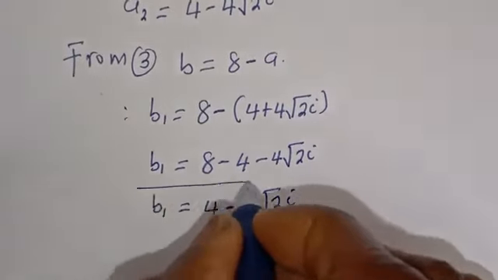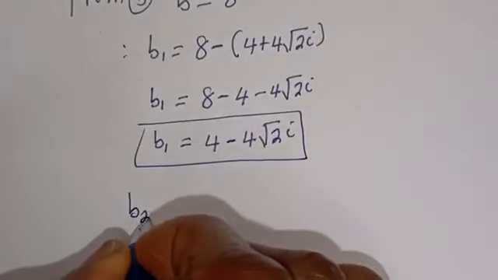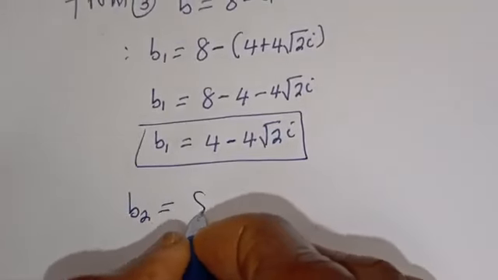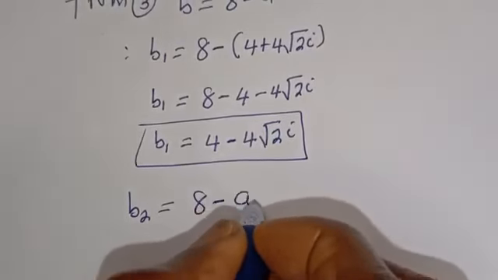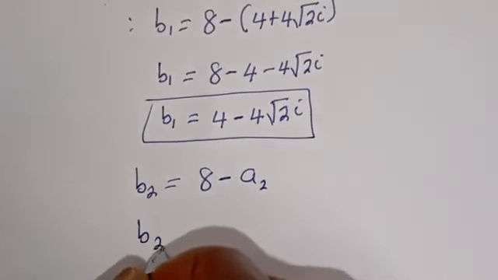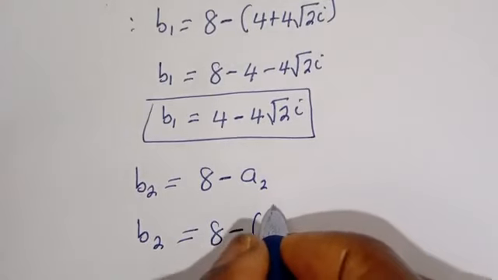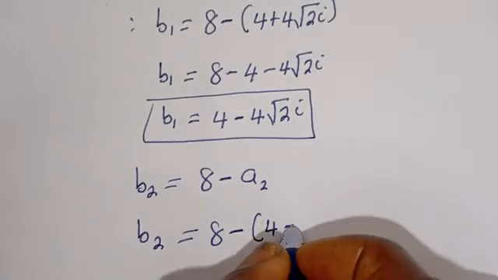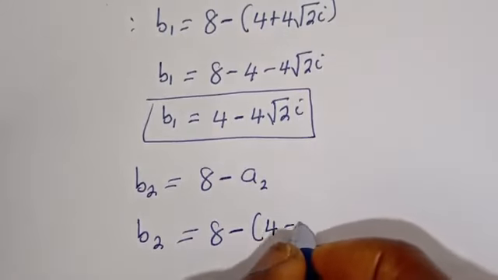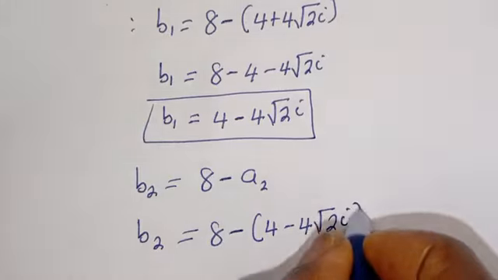Now let's get the value of B2. B2 is equal to 8 minus A2. Then B2 is equal to 8 minus bracket 4 minus 4 square root of 2I.